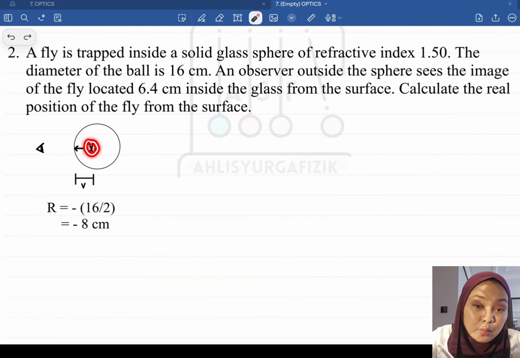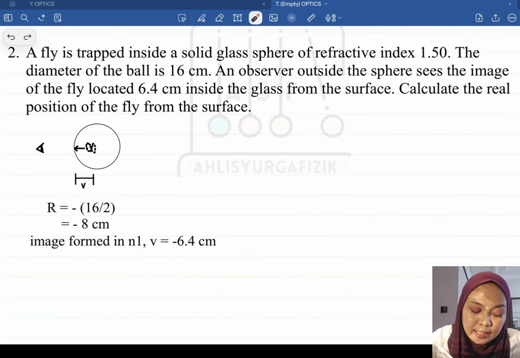Since the object, which is the fly, is inside the glass, the N1 is the glass and the N2 is the air, because the light ray is coming from the object, hitting our eyes, which is the observer. Here we can see that the curve is concave, hence we have to add in the negative sign.